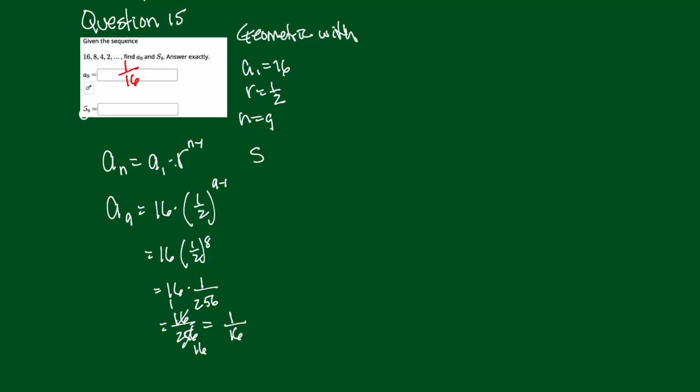Now, the formula for the sum of the first n terms is this one here. It's a fraction. It goes like this: a1 times r to the n minus 1, over r minus 1. Now, with n equal 9, we'll get s sub 9 is equal to the first term, 16, times r, which I'll put in parentheses, 1/2, to the n, this is 9, and then minus 1, all over r, which is 1/2 minus 1.